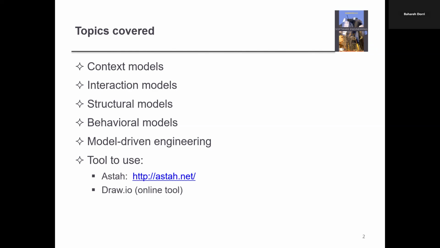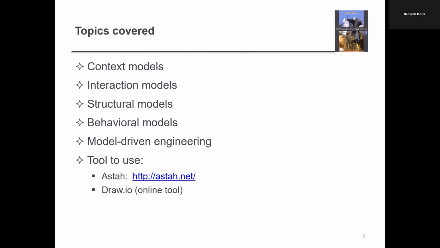Next, we will have interaction models. These are really useful for visualizing how different parts of the system or the system and the user communicate with each other. Then we will go to structure models. This shows the organization of the system, like classes, objects, and how they are related.